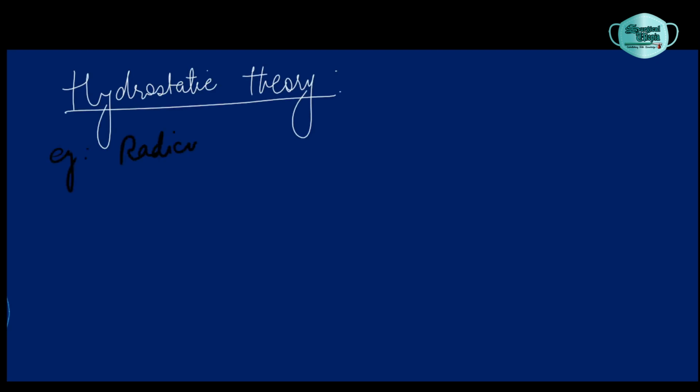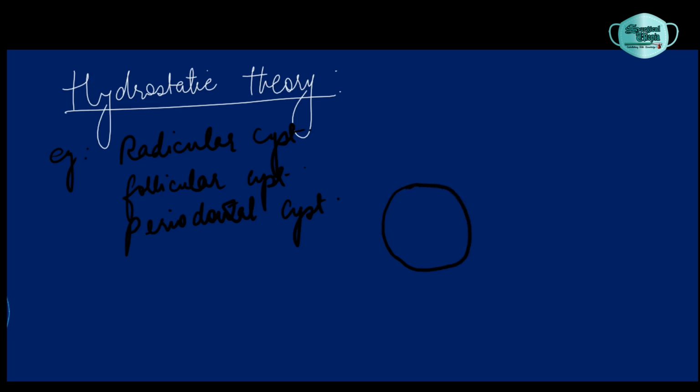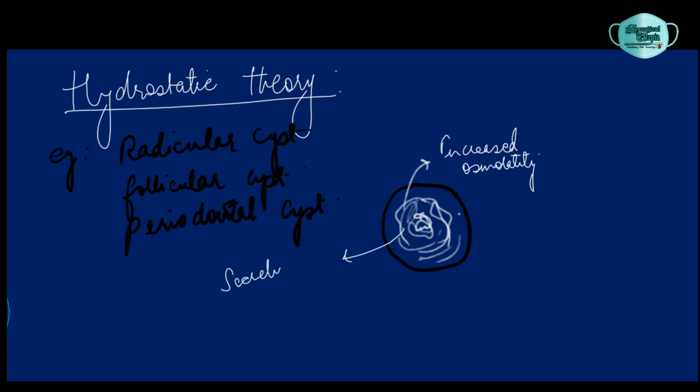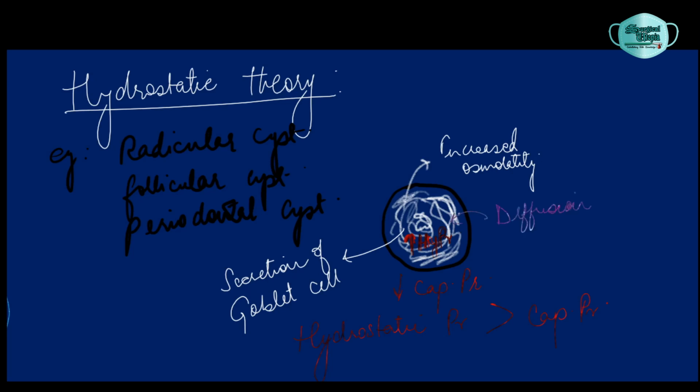The second heading is that of the hydrostatic theory or hydrostatic pressure theory, and this theory is mainly proposed for the radicular cyst, the follicular cyst, the periodontal cyst, and due to decomposition of the epithelial cells and the leukocytes, due to plasma exudates and the active secretion of the goblet cells and mucus cells in the cystic lining, the osmolality of the cystic fluid becomes higher as compared to the surrounding serum, and because of this the hydrostatic internal pressure will become greater as compared to the capillary pressure, which will further facilitate the tissue fluid diffusion into the cyst, and the cyst size increases.